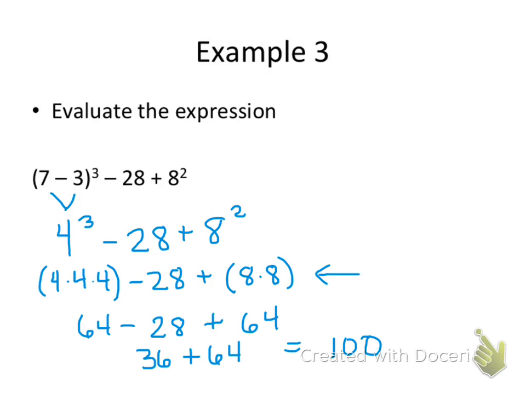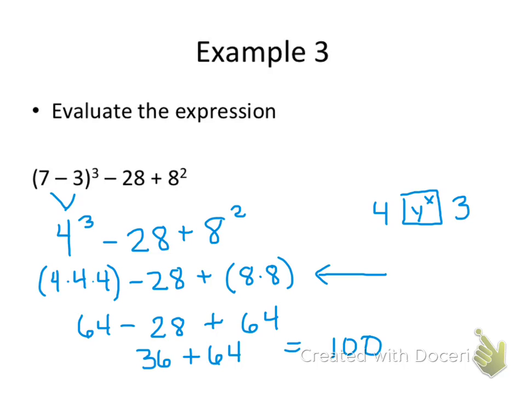At this step, if you would rather put it in your calculator, depending on the calculator you have, the one that we recommended, the 30XA, you could put in the 4, then hit the key that is the Y to the X button, and then put in the 3.